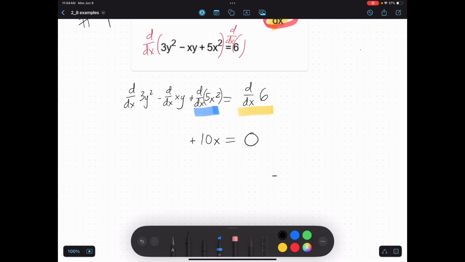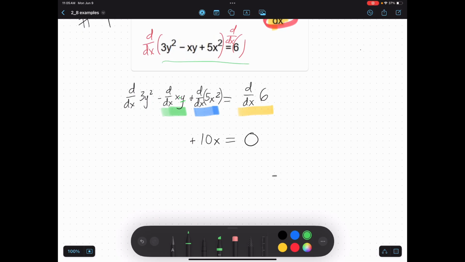Okay, but now we get to a complicated piece. So now let's look at the derivative in terms of x of xy. Well, an important thing to remember is if you have xy next to each other, that's technically multiplication. So you have x times y. And remember, what are we assuming about y? We know that y depends on x.